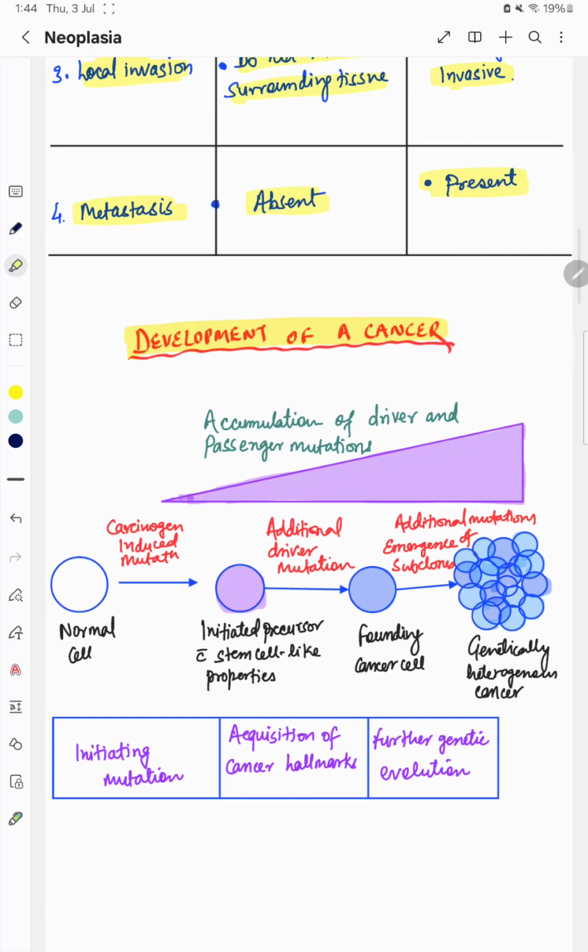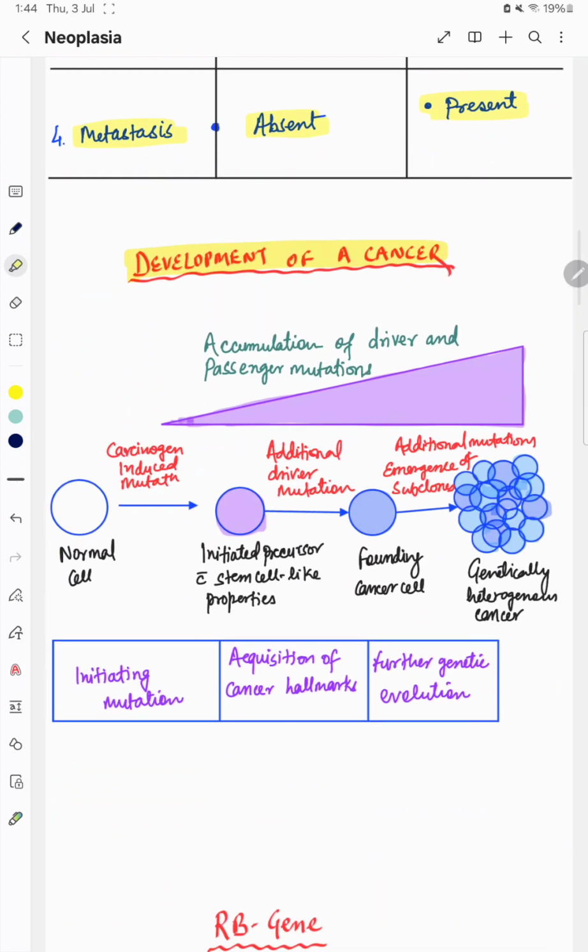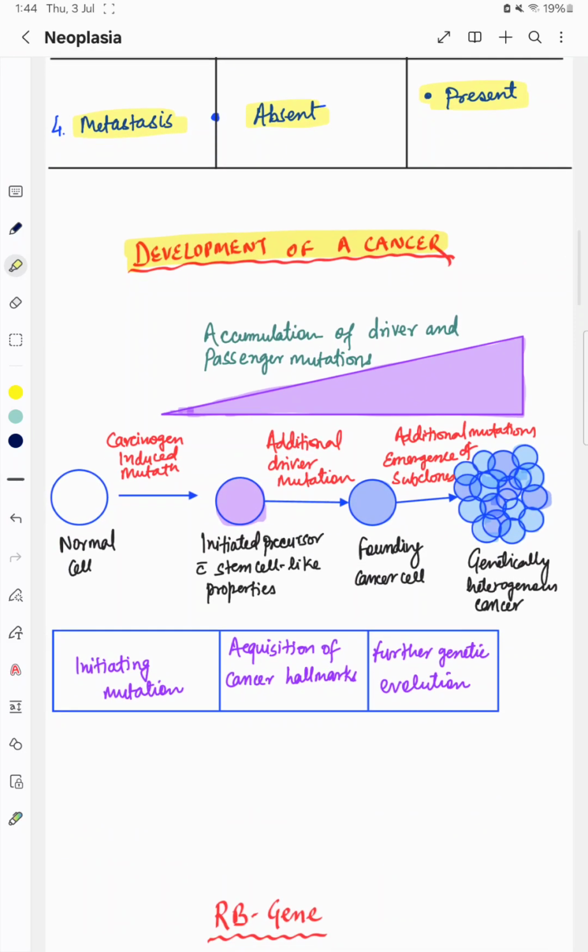Now we will see development of cancer. A basic diagram of how a normal cell is converted into a heterogeneous cancer cell. As we can see, there is a normal cell. Whenever the cell is exposed to a carcinogen, it induces some mutation.